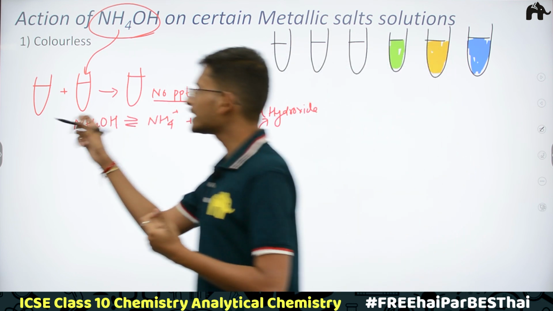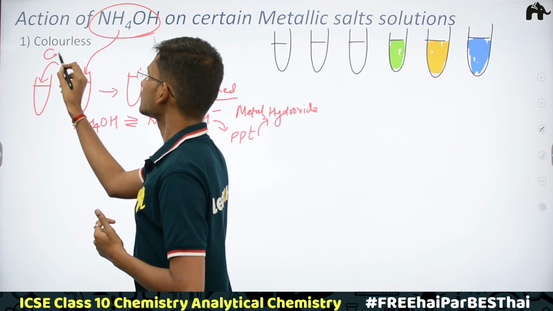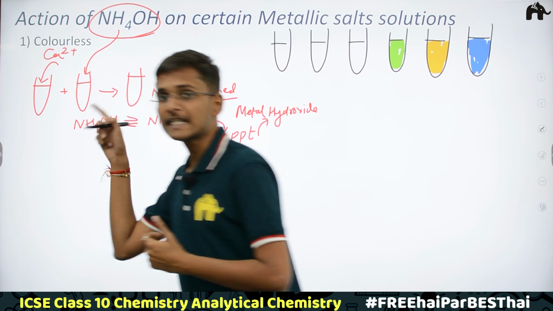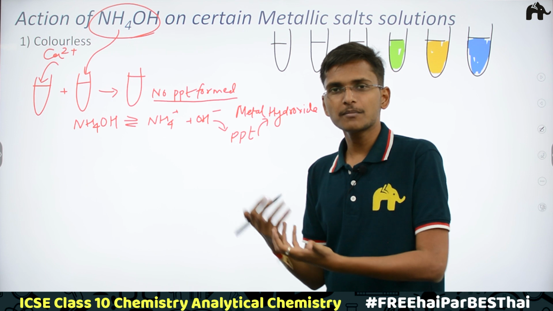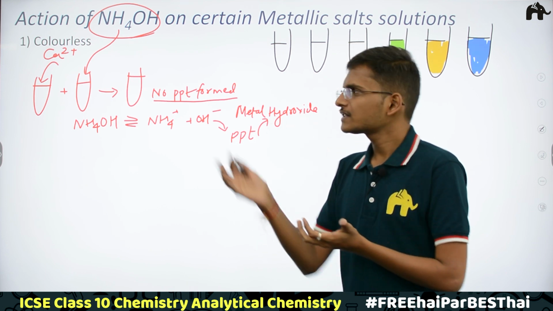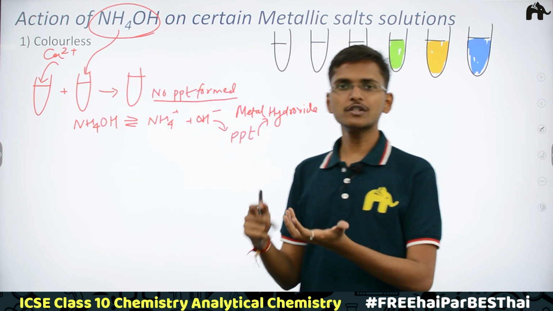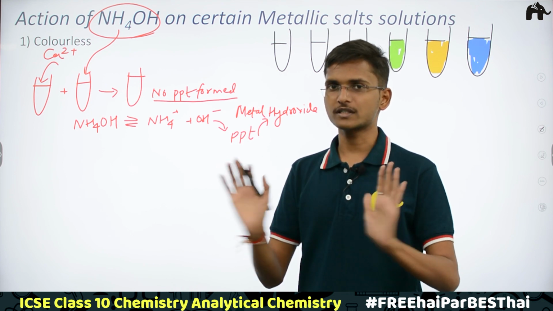So this means that this metallic salt solution is made up of a calcium salt which has calcium 2+ ion and which is soluble in water. We know this concept, right?